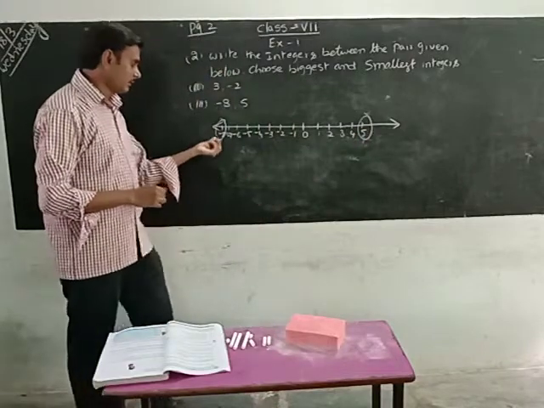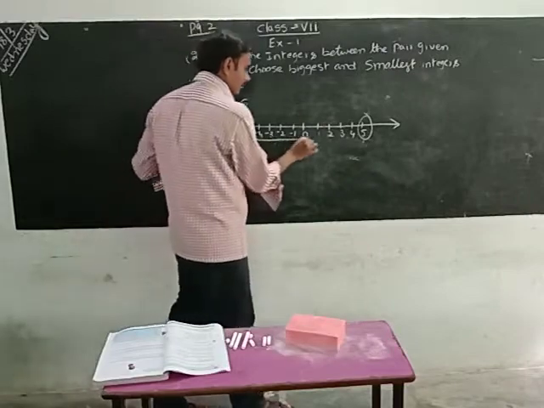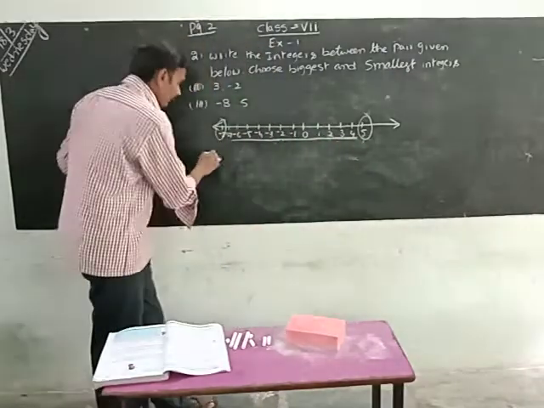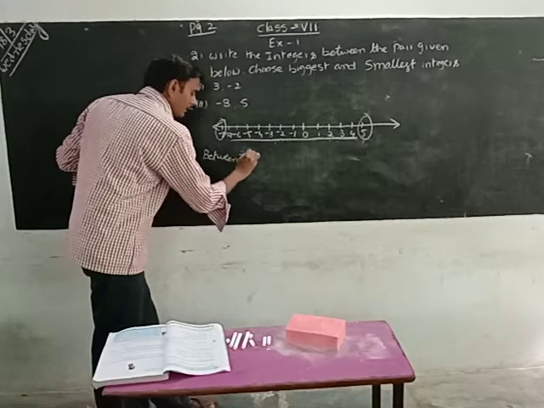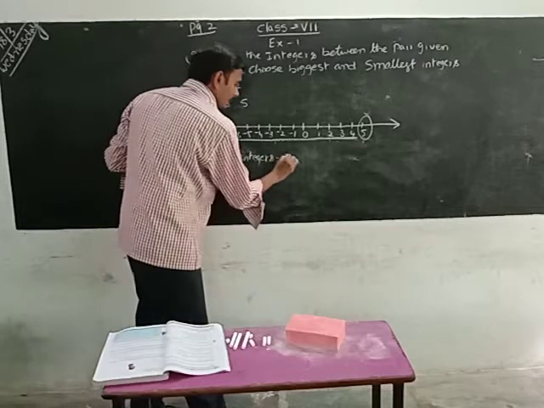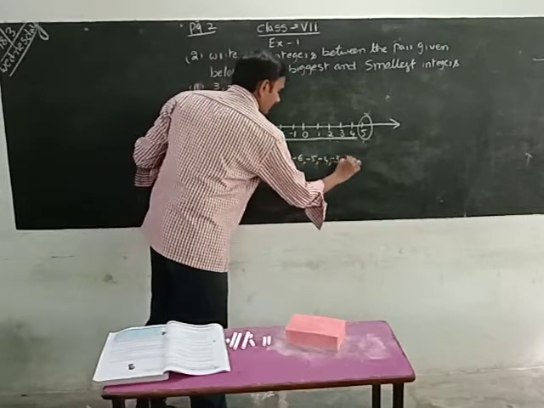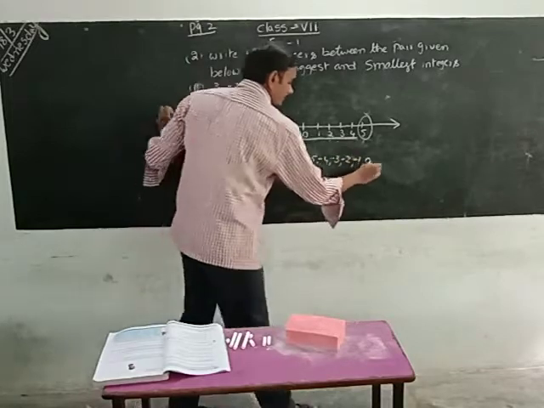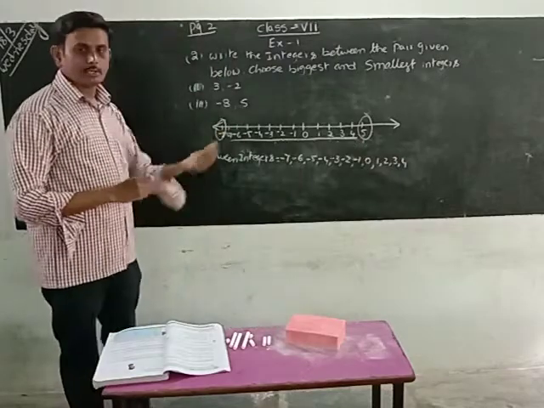Between integers means the numbers between them. How many integers are there? Those are called the between integers. Between integers equal to -7, -6, -5, -4, -3, -2, -1, 0, 1, 2, 3, 4. Which is bigger?